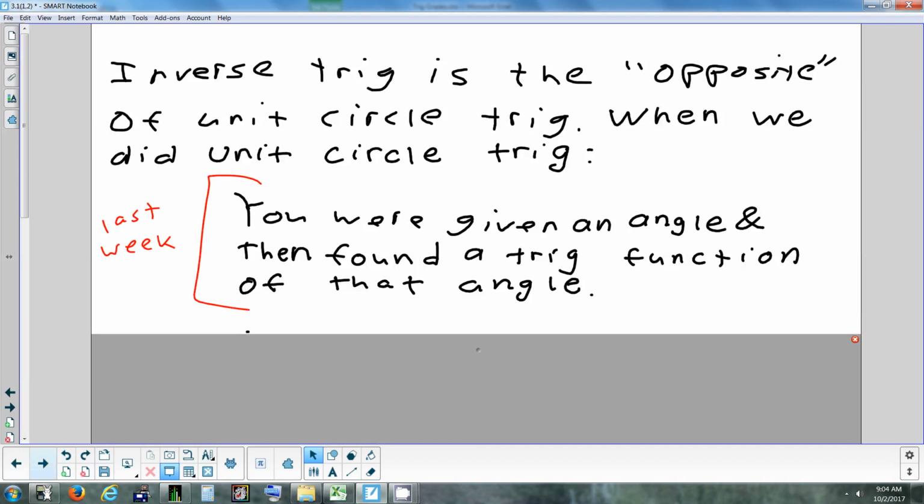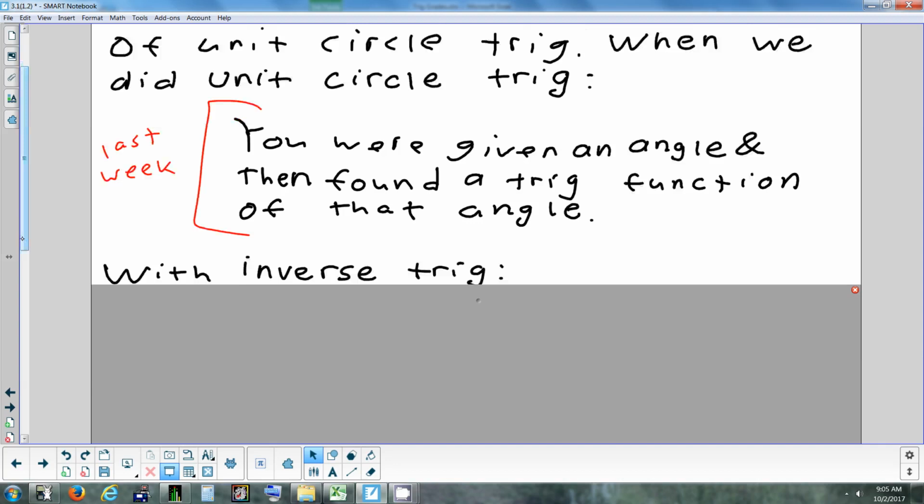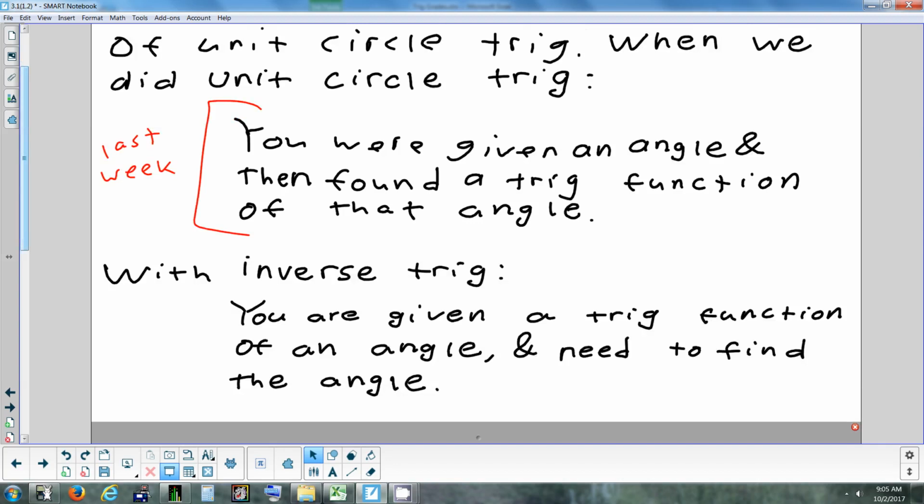You would figure out the coordinate, and then give me the answer for tangent 45. This week, I'm going to tell you the answer to tangent 45. I'll tell you the answer is 1. You're going to have to work backwards and tell me what's the angle. So it would be 45. That's the difference between last week and this week. This week, I'll give you all the answers that I asked you for last week, and you're going to have to give me the angle instead.